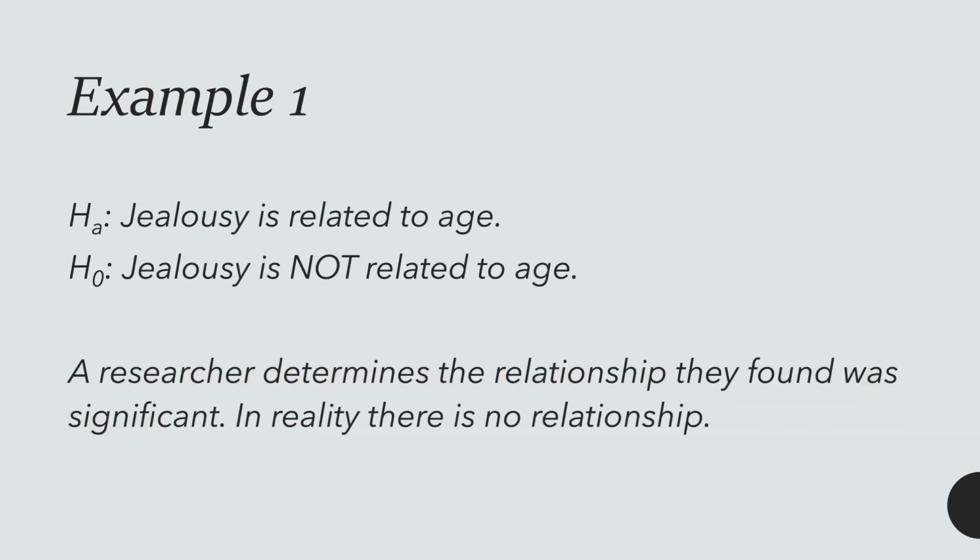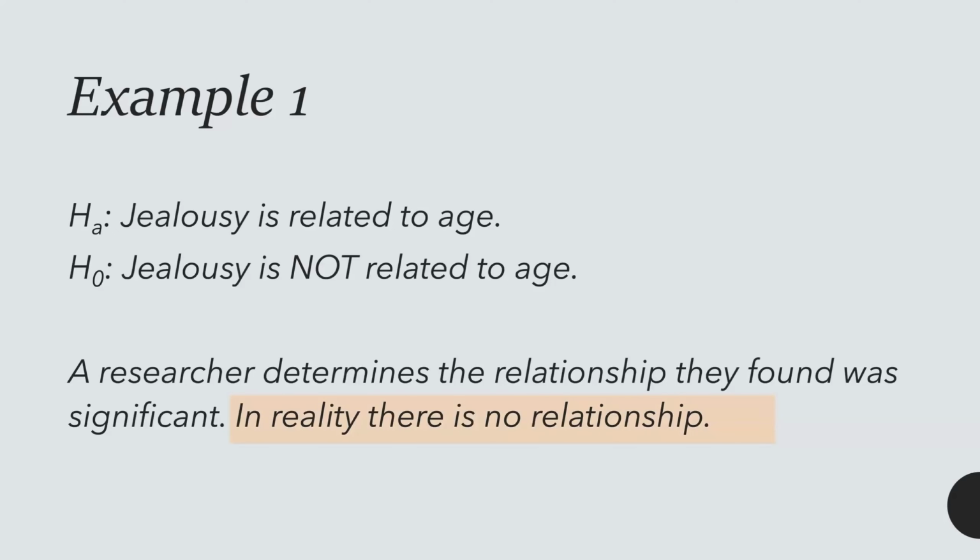The last example that says example 1 on it is that jealousy is related to age. That's our alternative hypothesis. And then our null hypothesis is that jealousy is not related to age. So if a researcher determines that the relationship they found was significant, and in reality there is no relationship, again, we need to look at what's reality, what's our decision.